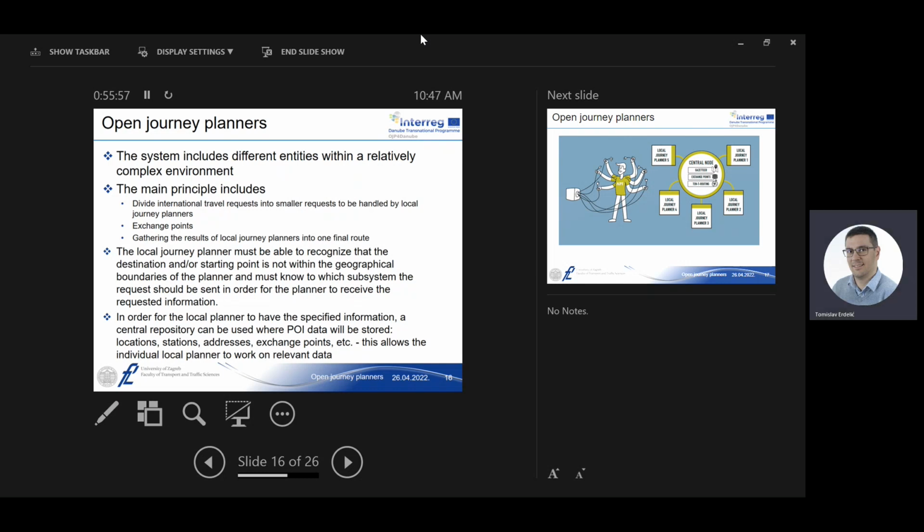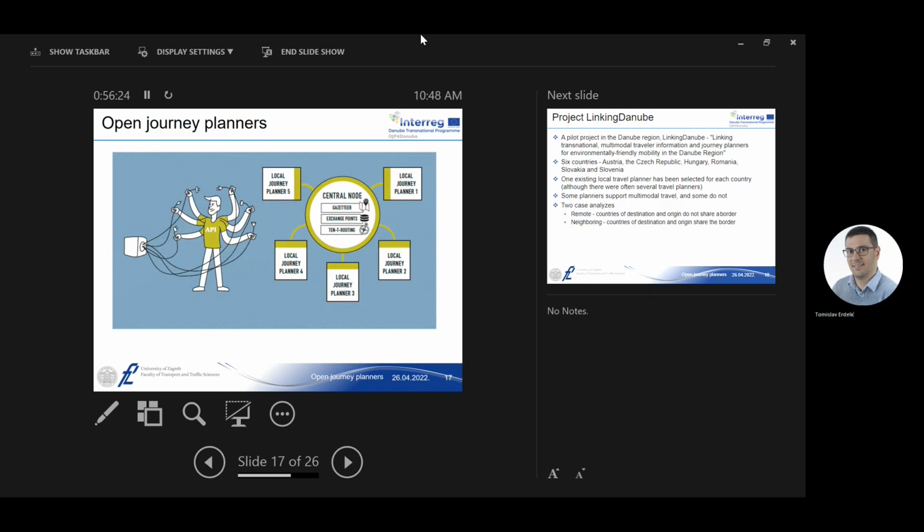Okay, so the central node can have all of the information. The Gazetteer means all of the information about the stations, about the addresses, about the cities, and several other points. The points of interest. It needs to have exchange points and some routing pre-processing information.